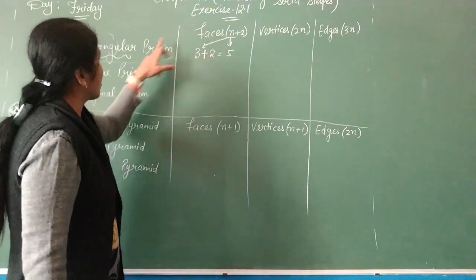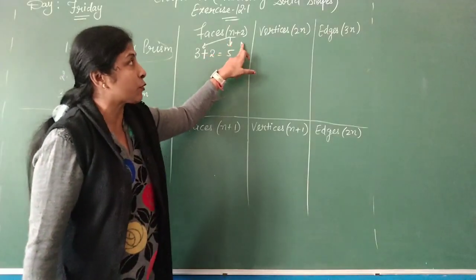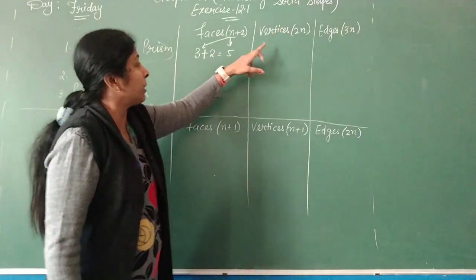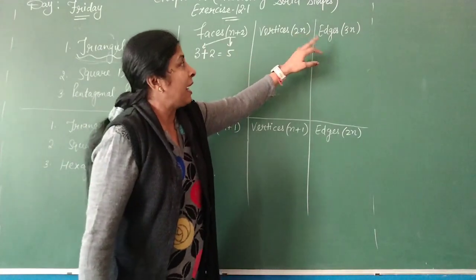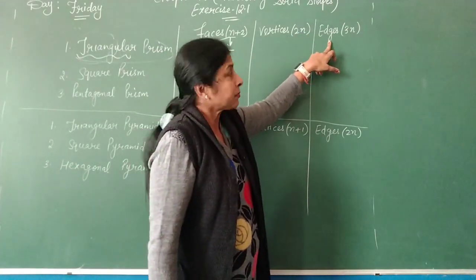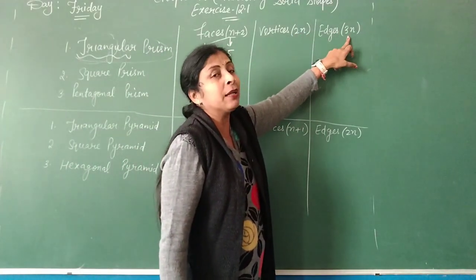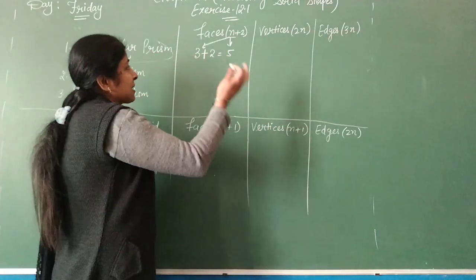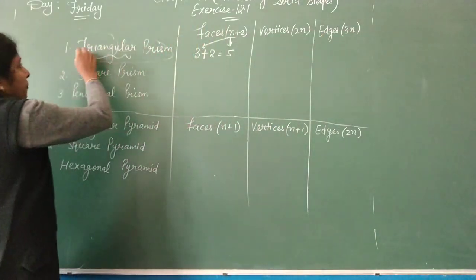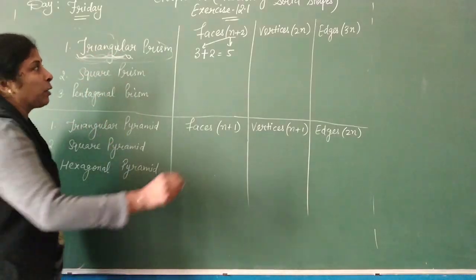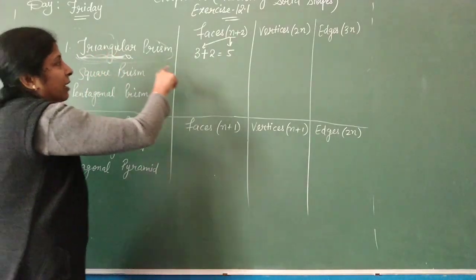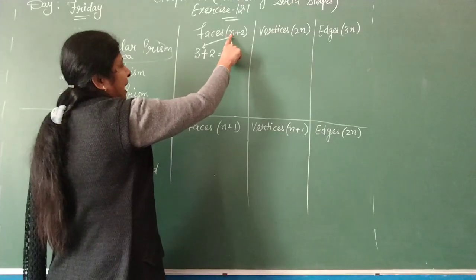Formula to find faces of a prism is n plus 2, the formula to find number of vertices is 2n, and the number of edges we can find out by the formula 3n. Now what is n? n means the number of sides in the triangle.